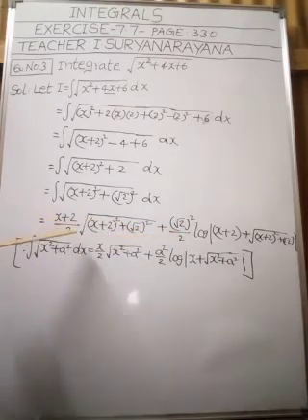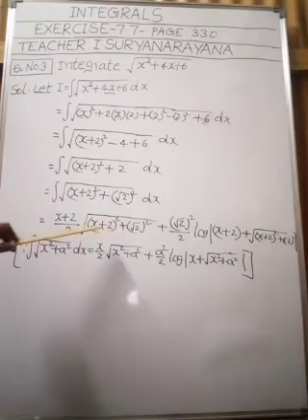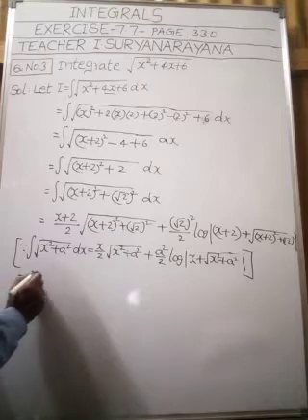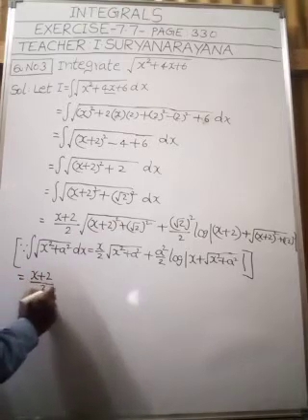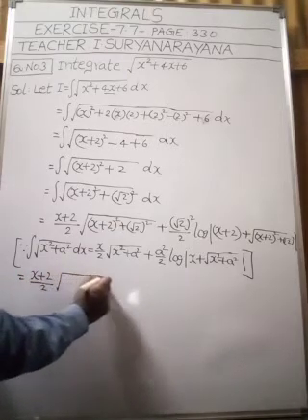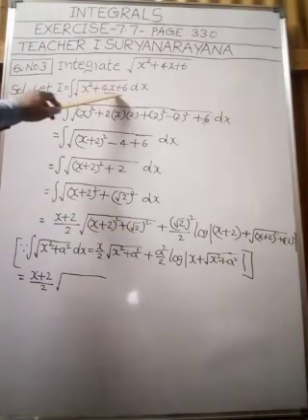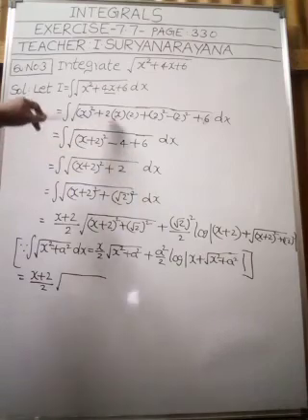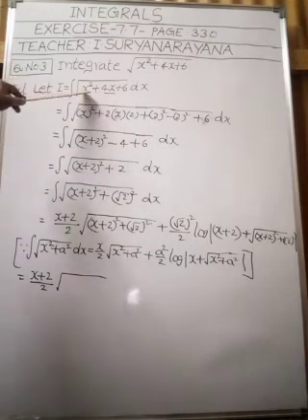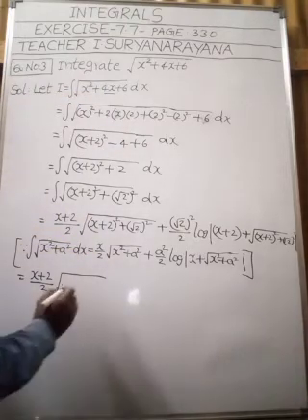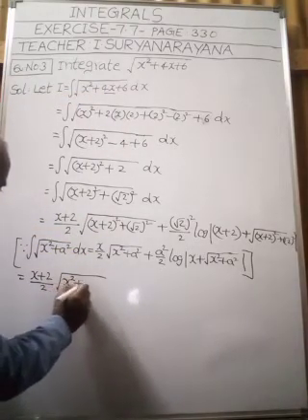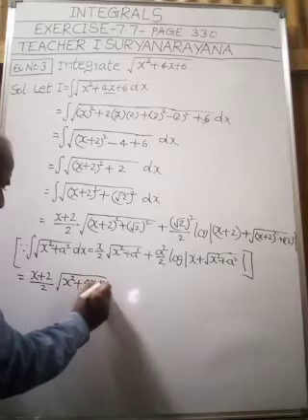So, the integration part is over. Now, let us simplify the function. That is equal to x plus 2 by 2 square root of, if you simplify this one, what will you get? Again this only. If you go back the steps, again you get x square plus 4x plus 6.